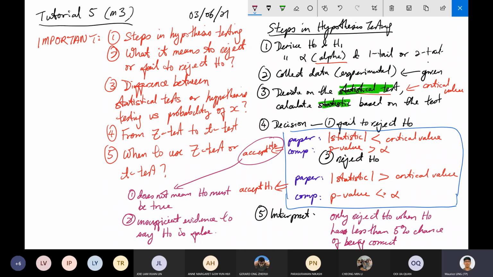Only 5% chance. It's like your passing mark is 5% out of 100. So these are very important concepts. This is what it means when you fail to reject the null hypothesis. It doesn't mean that the null hypothesis must be true. It simply means that your evidence does not show the null hypothesis is false.